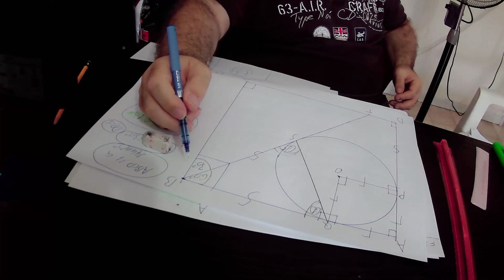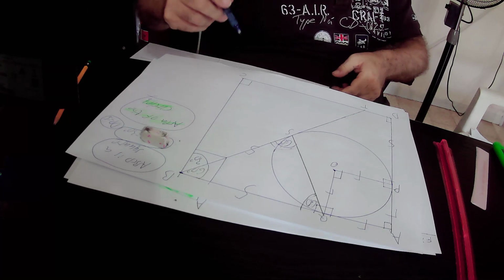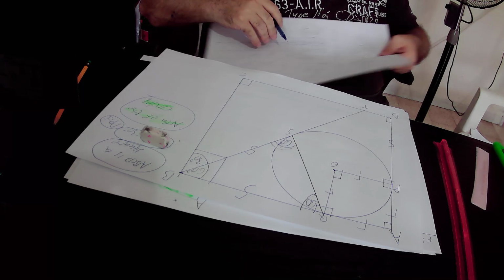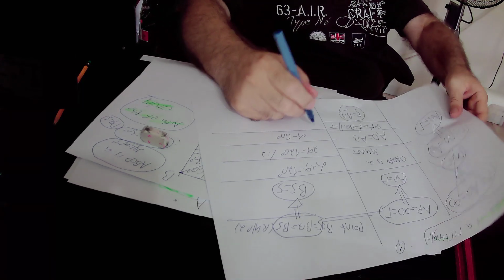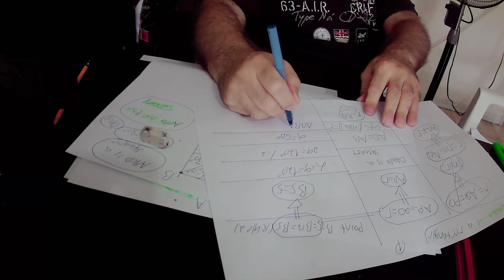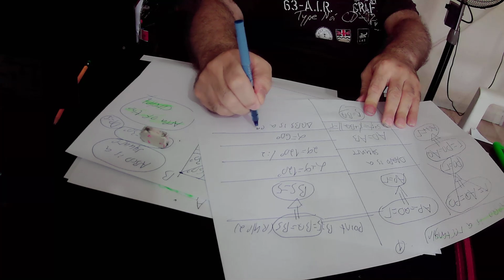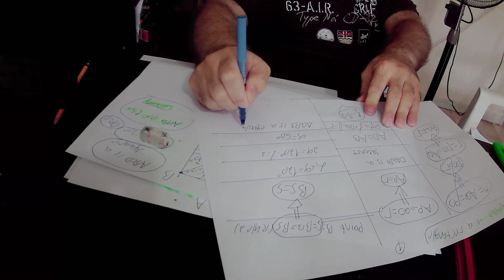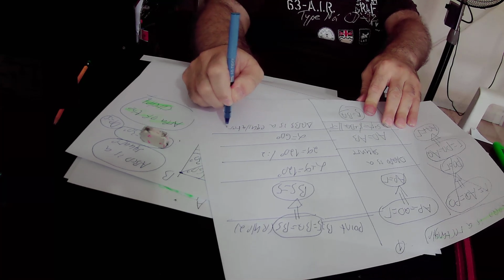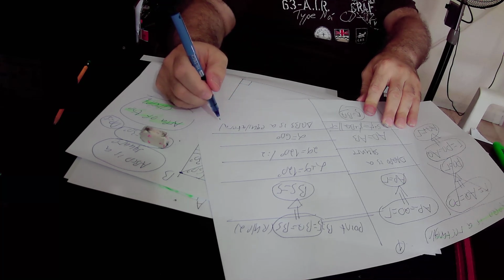Therefore, triangle QBS is an equilateral triangle. I will write it down: triangle QBS is an equilateral triangle. Why? Because it has three angles that are all equal to 60 degrees.